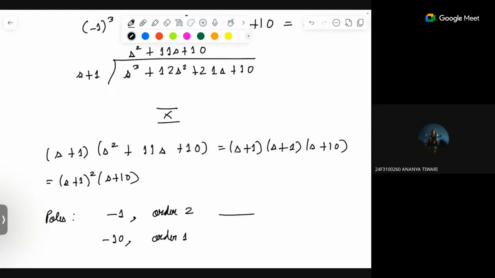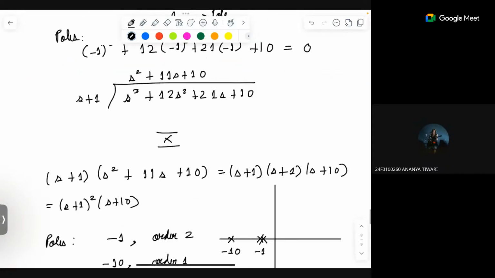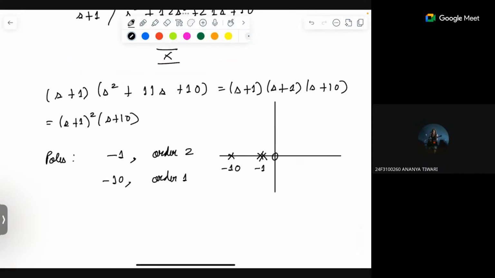And if we were to plot the poles and zeros in the s plane, at -1 we have 2 poles, at -10 I have 1 pole, and 1 zero at s equal to 0. Is this clear? Yes, ma'am. Okay, next question.